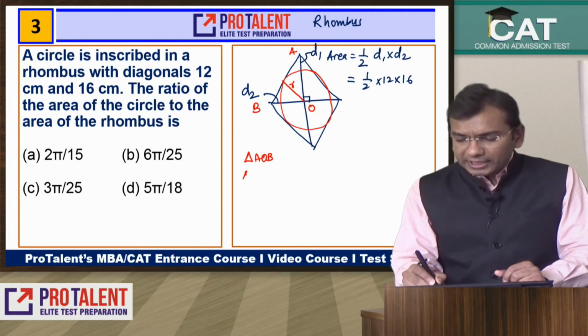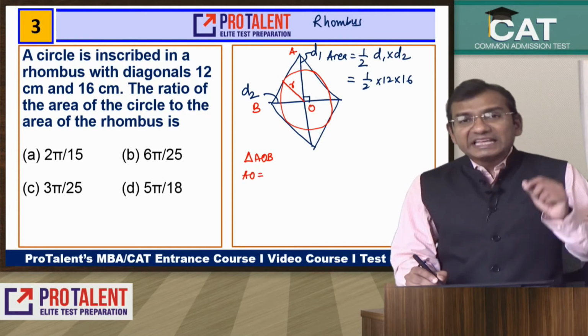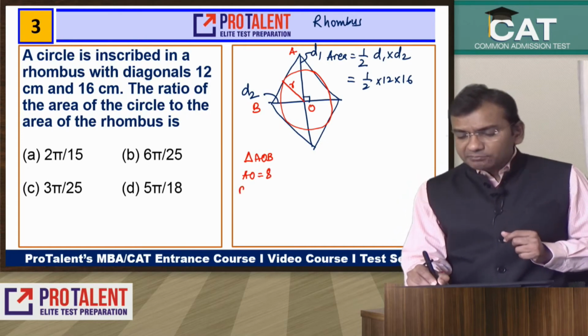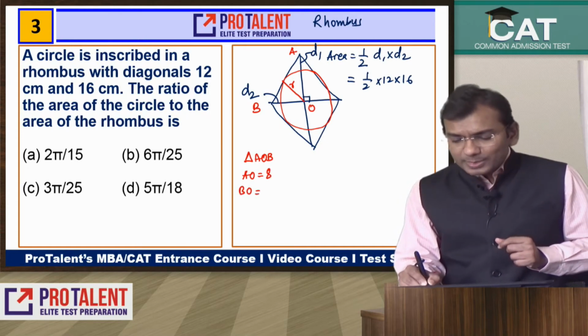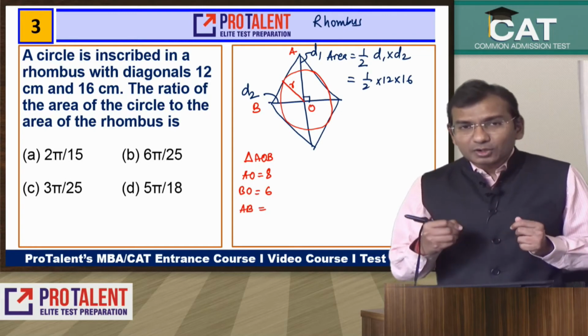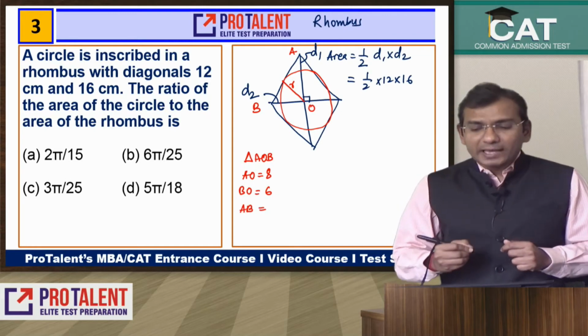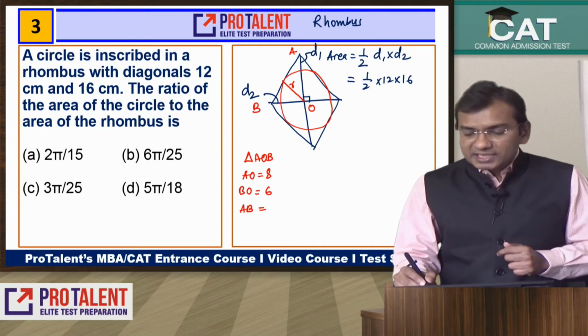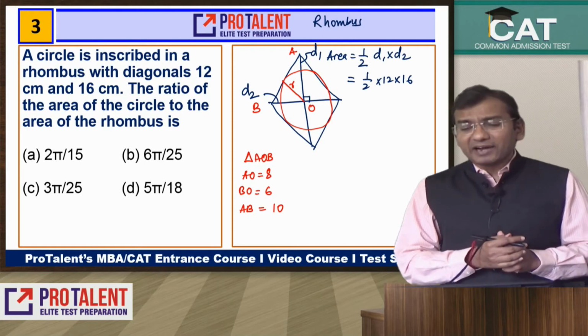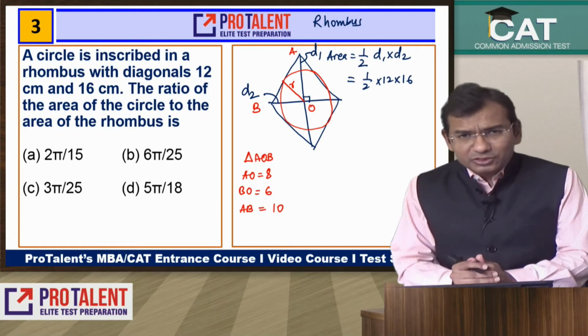You know AO is equal to d1 by 2, half of 16, which is 8, and BO is 12 by 2, that is 6, and thereby AB, applying Pythagoras, 6 square plus 8 square is equal to AB square, so that becomes 10. Now why am I looking at the length of AB?